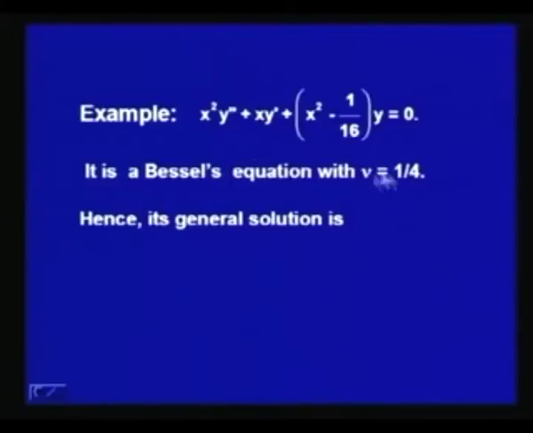So, nu is not an integer, and therefore, the two solutions J nu x and J minus nu x of this Bessel's equation will be linearly independent of each other, and hence we may write its general solution as y equal to a times J 1 by 4 x plus b J minus 1 by 4 x.